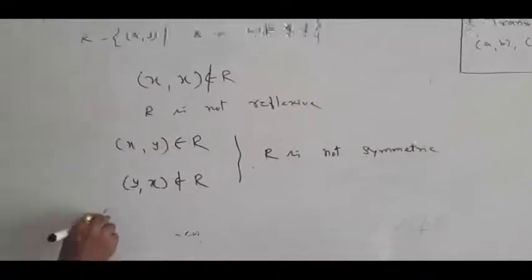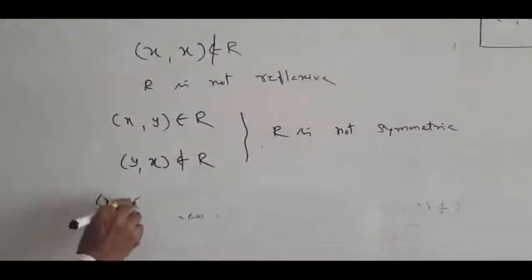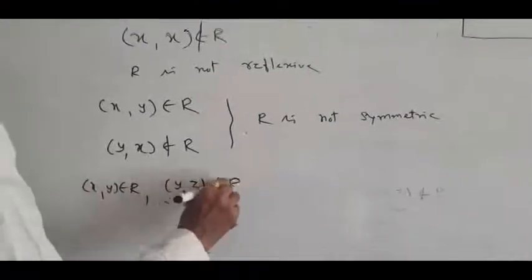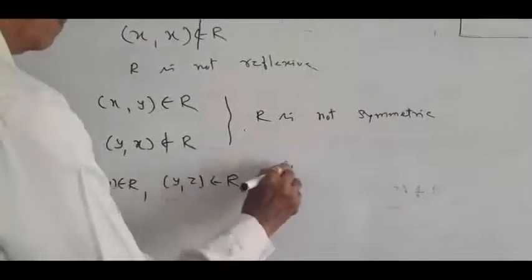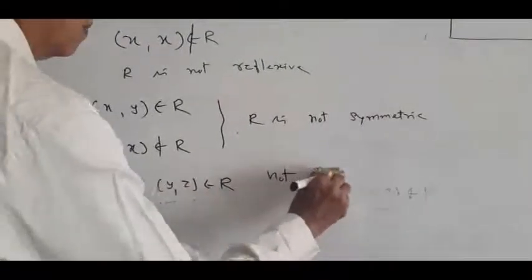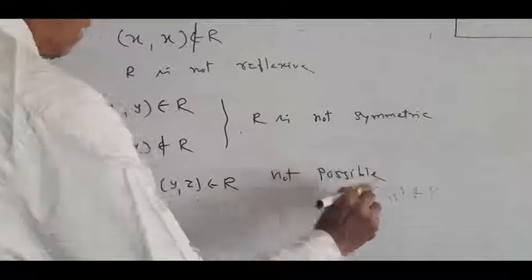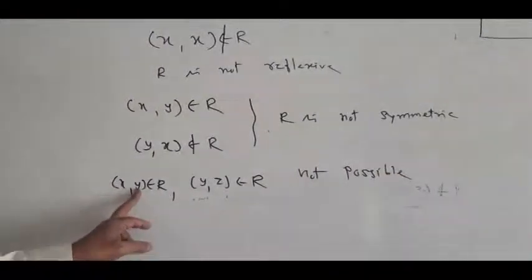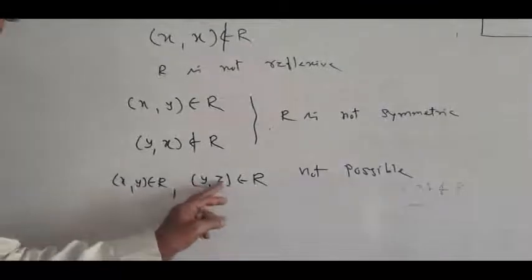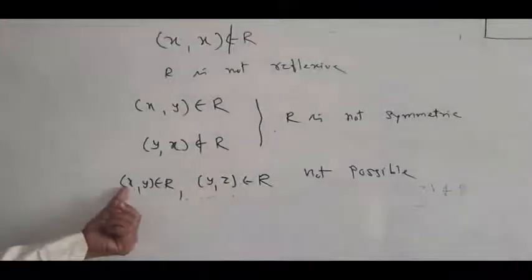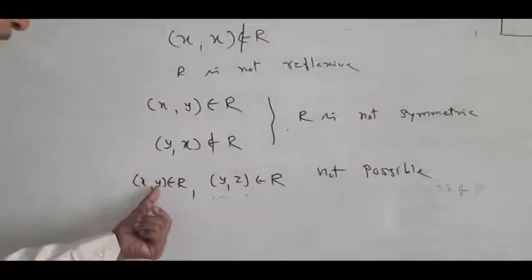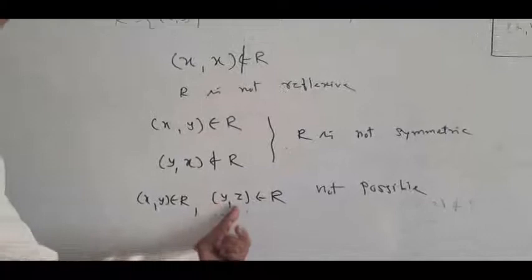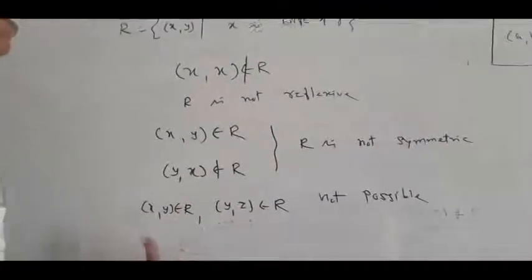Now here (x, y) belongs to R, (y, z) belongs to R, not possible. Why? Because when x is wife of y and y is wife of z, this is not possible. Because when x is wife of y, naturally y is male, and male is not wife of anybody. Means naturally such ordered pairs are not there.